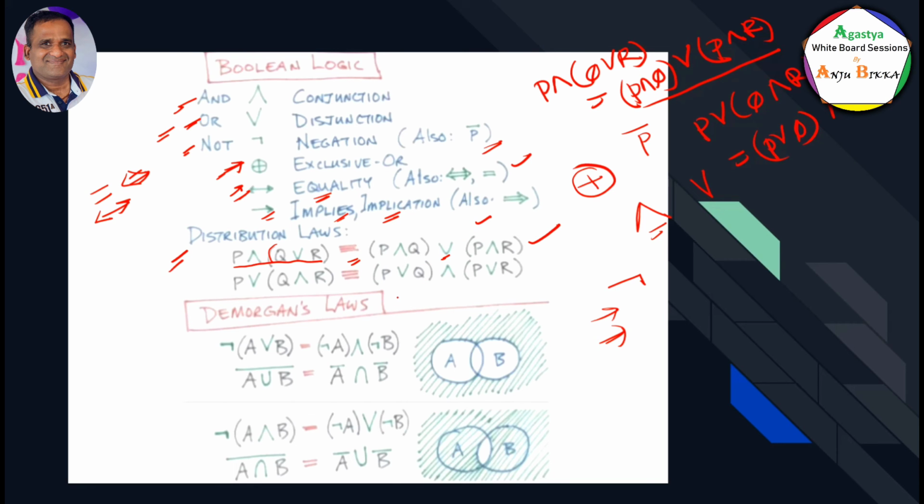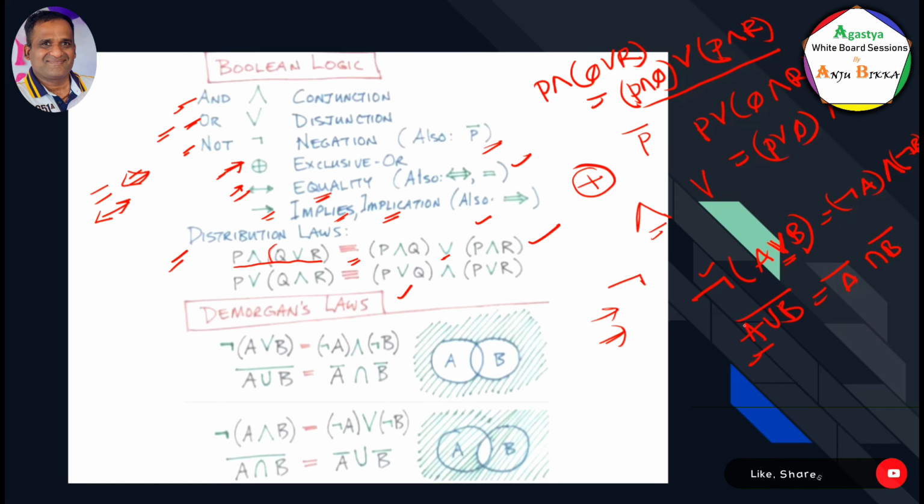Then De Morgan's law, with the not symbol. When you apply negation to A union B, that is A or B, it becomes negation of A and negation of B. You can use this notation or that notation for negation.